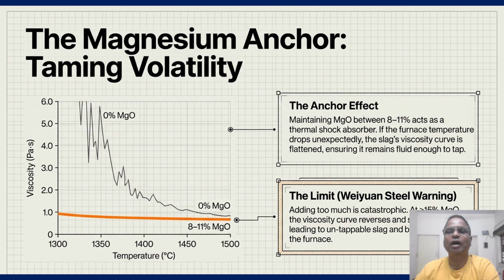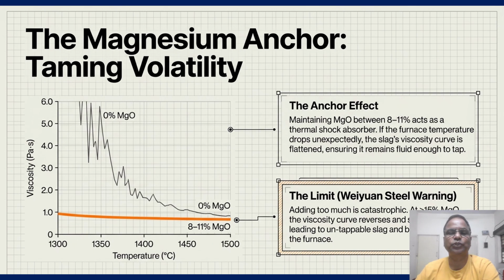So coming to our magnesium anchor part. This is a very important one, where we know that MgO helps flatten the viscosity curve and protect slag fluidity during the temperature drop. But too much MgO reverses the benefit and makes slag harder to tap.